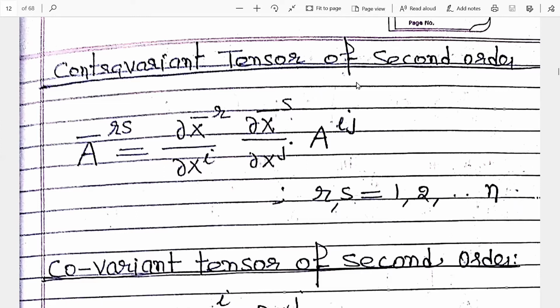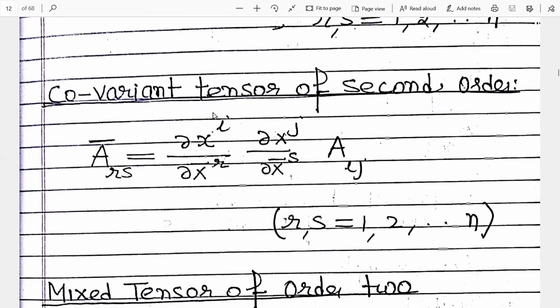So it is of second order. If we take three variables RST, then here ijk, and we get a third term, then it is of third order. Similarly, it is of 4th order, 5th order, and so on, as we did in the contravariant tensor of first order. So in contravariant, the bar variable is on the upper part.